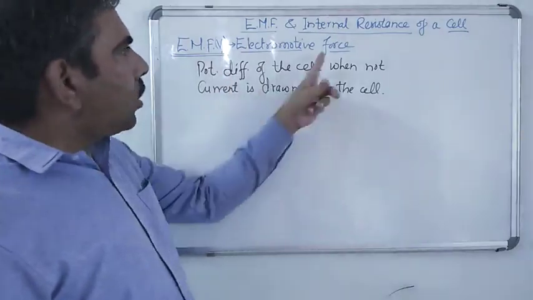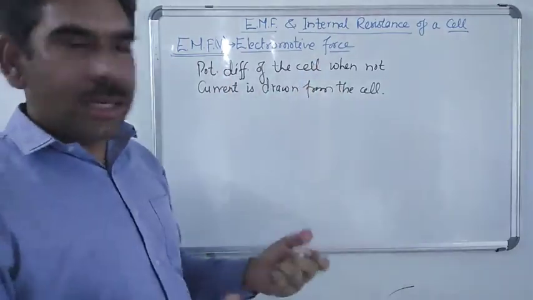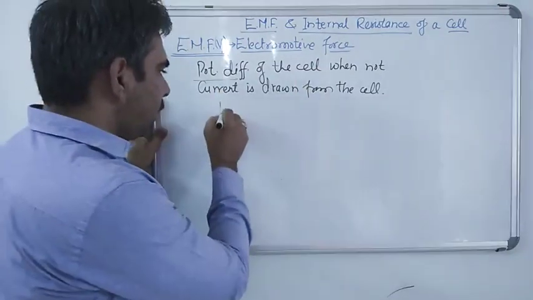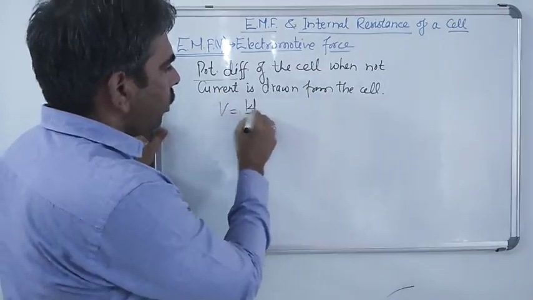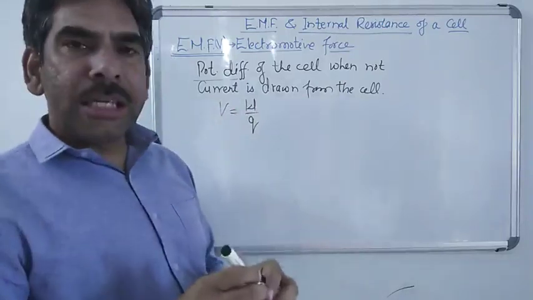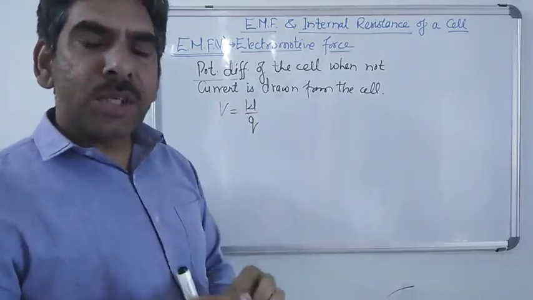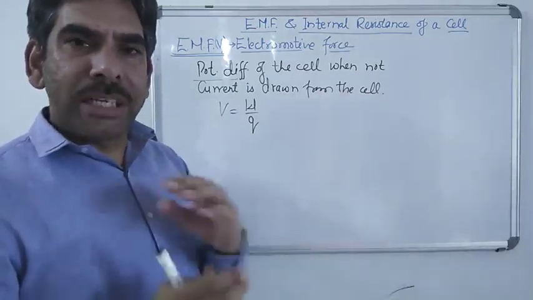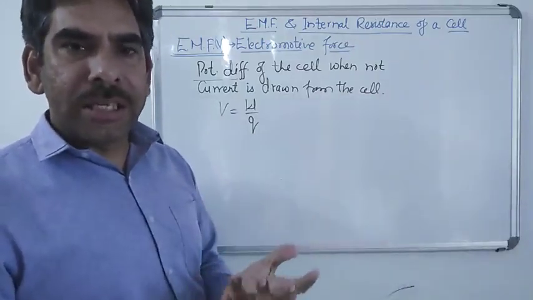Actually this is not a force, but it is the potential difference, measuring the work done on unit charge, because the electric energy given by the cell makes the charges present in the conductor move in one direction. So in another way we can say it is a driving force.